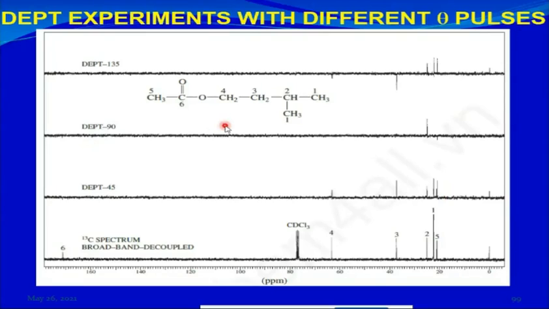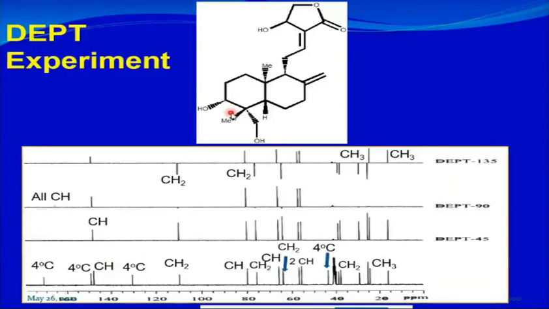So now you know how many CH3, CH2, CHs, and quaternary carbons you have in this molecule. Let's see another example here. Again, we have this broadband, the DEPT 45, DEPT 90, and DEPT 135, right? And we have this molecule here. You can count the number of carbon atoms: 1, 2, 3, up to 20.